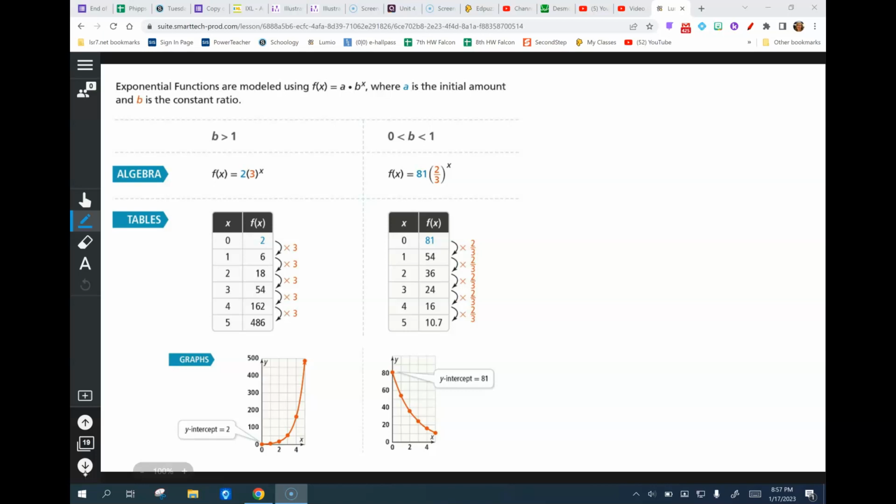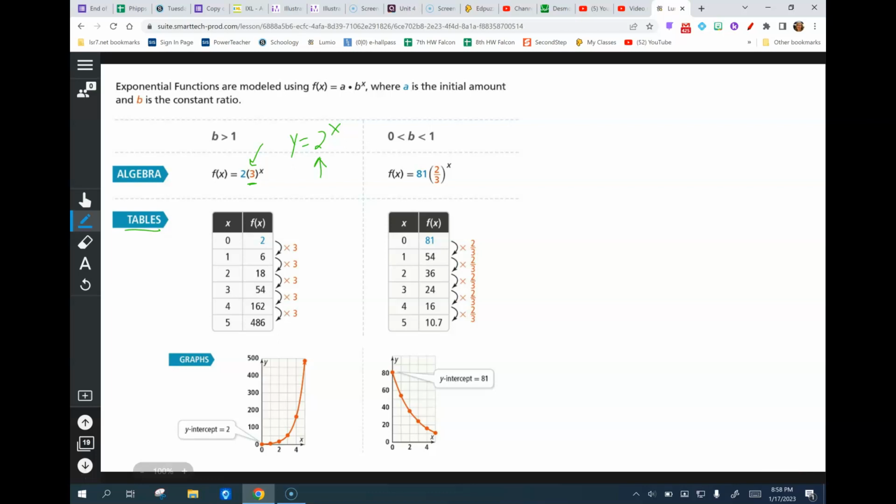But it just points out that if b is greater than 1, and we've written this down someplace already, like when we had y is equal to 2 to the x, b is greater than 1. We have a function that continues to go up by that same ratio, so this is what our table looks like, and then our graph is going to start and it's going to increase.